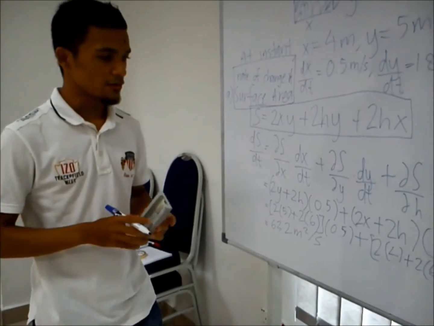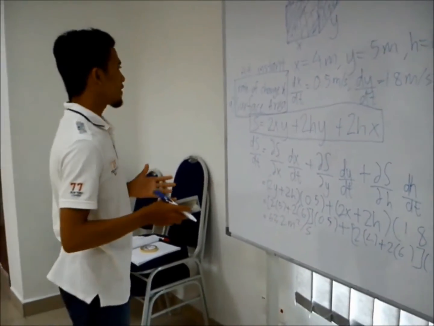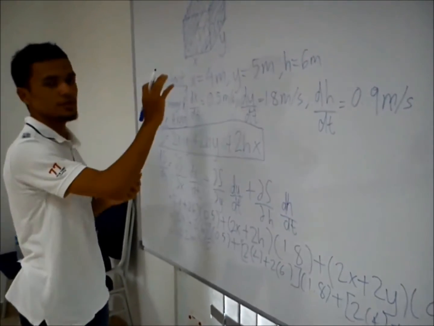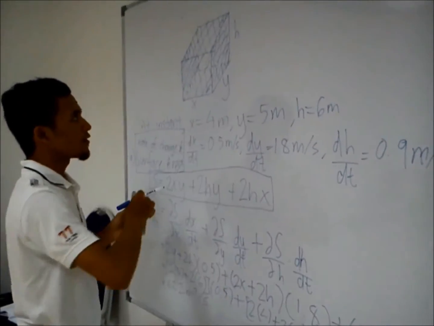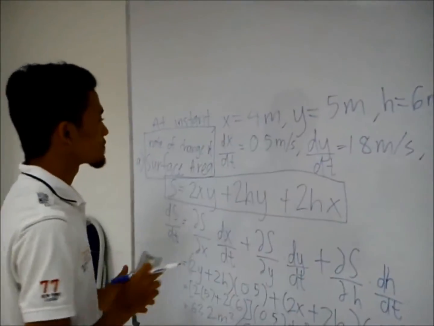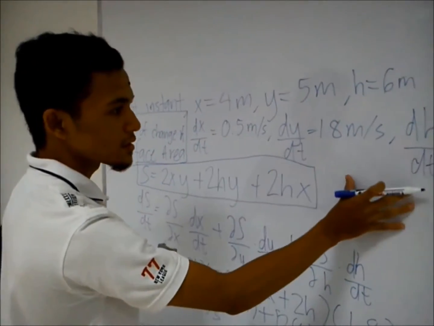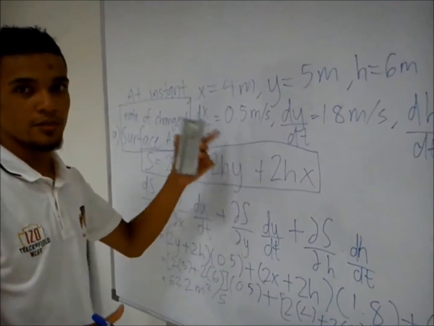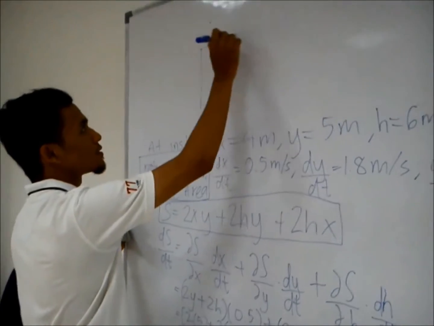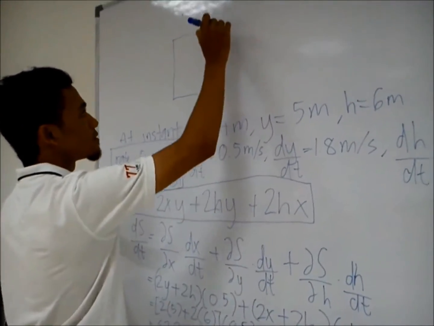Another application of rate of change is we can find the rate of change of the diagonal length of the box with respect to the rate of change of each side that have been given earlier. So let me draw the box back.